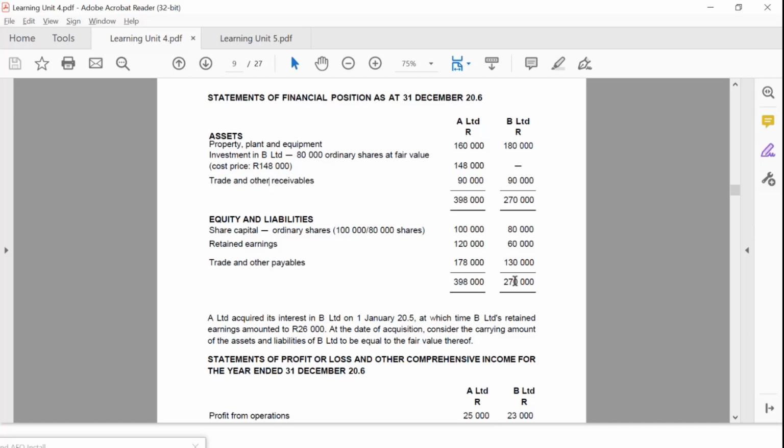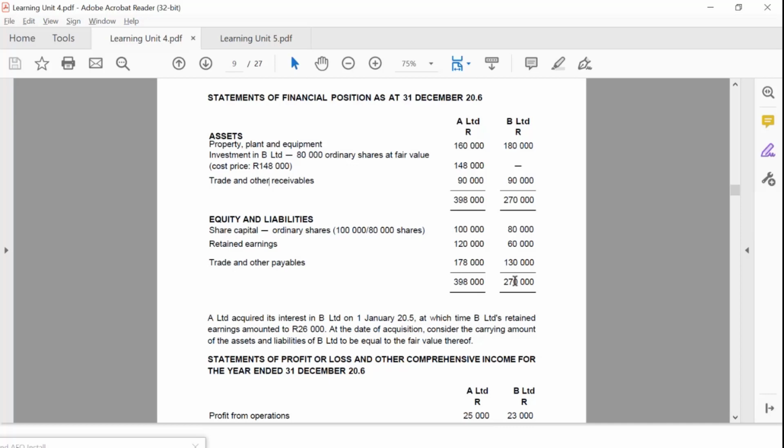So for example, if A had a transaction with B and A said debit accounts receivable 10,000, credit sales 10,000, and this entry was with a subsidiary, I need to reverse it during consolidation. I need to debit sales of 10,000 and credit accounts receivable of 10,000. I've reversed that entry. Do you understand?